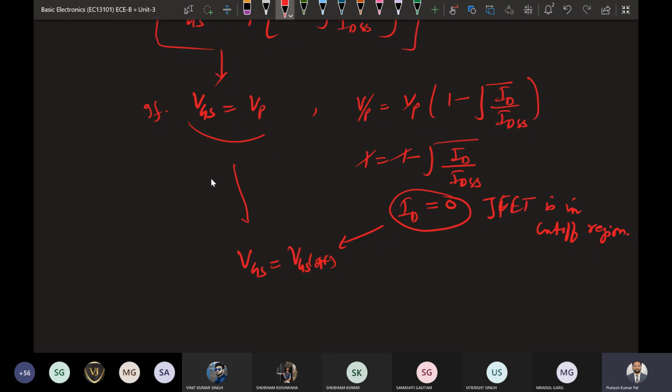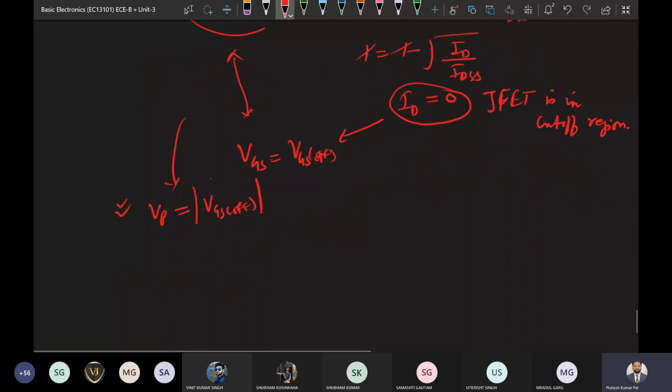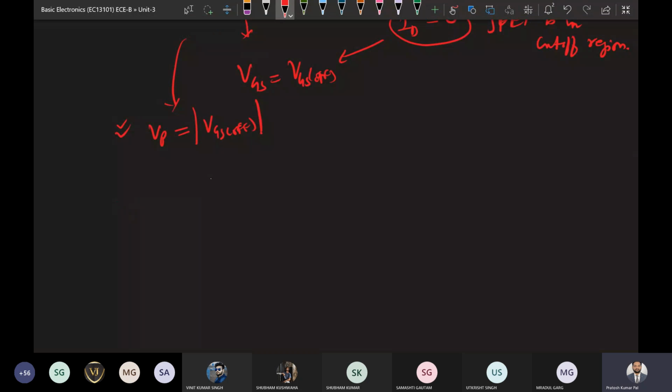From these two we can conclude that VP will be equal to VGS off in magnitude, with opposite sign, that is in the negative direction. That's why the pinch off voltage is considered to have the same magnitude as the cutoff voltage in case of a JFET. We can derive that from the basic equation of the current, the Shockley equation.